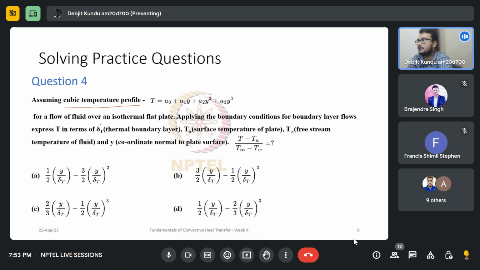So for a flow over an isothermal flat plate, applying the boundary conditions for boundary layer flows, express T in terms of delta T, Tw, the surface temperature of the plate, and T infinity, and y. So finally, what would T minus Tw by T infinity minus Tw be? There are four options given below. You have to pick out the correct one.